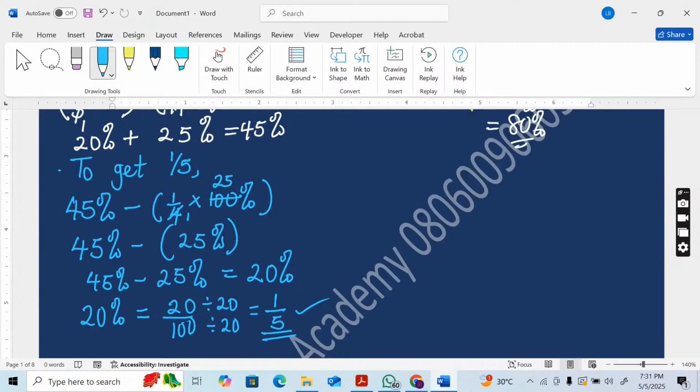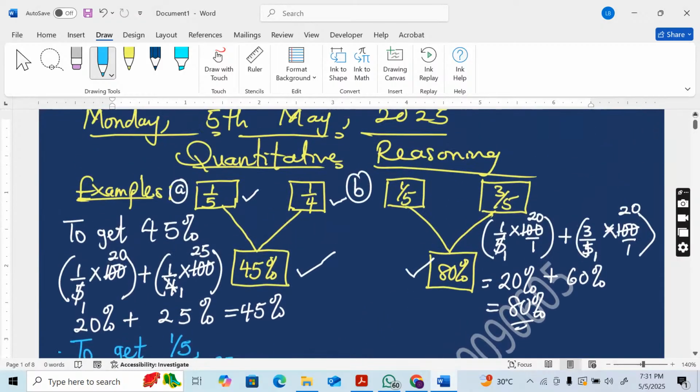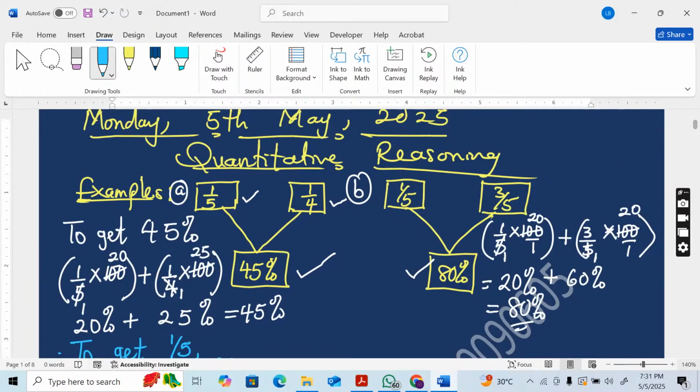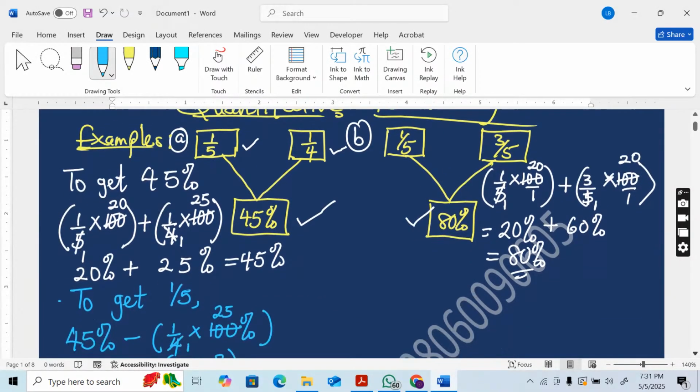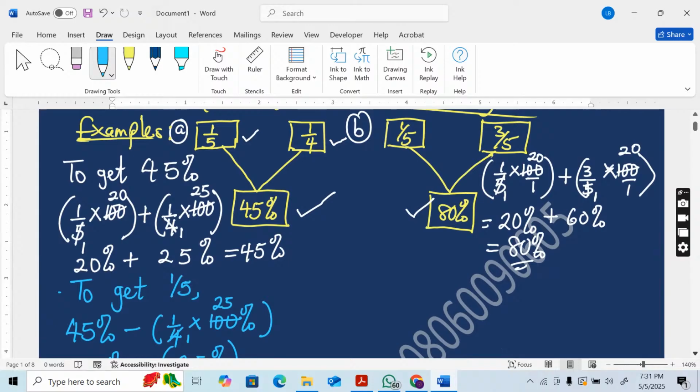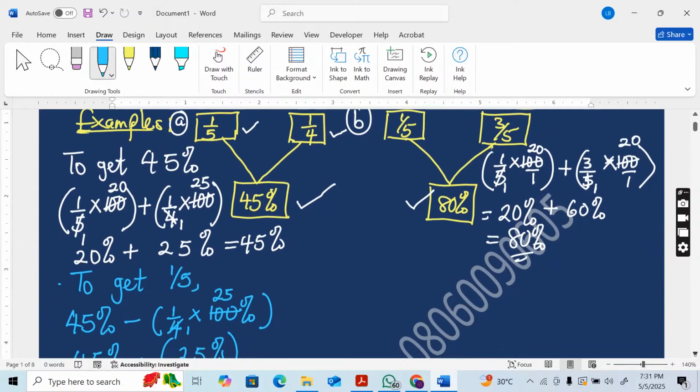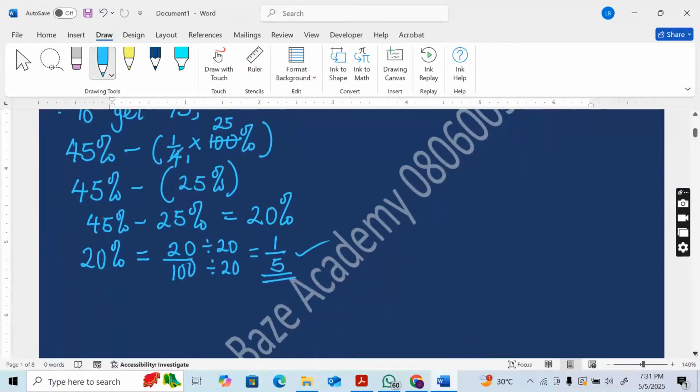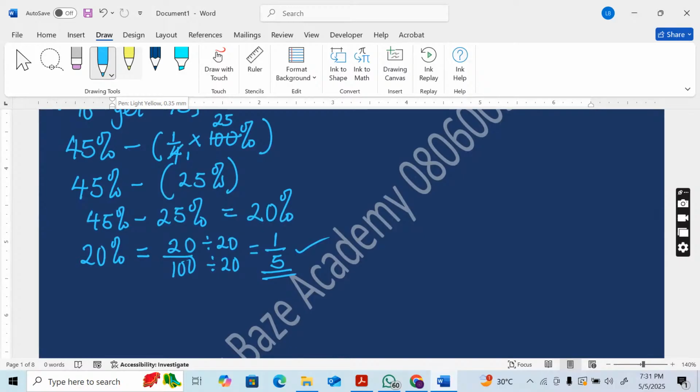Okay, so in the second example, we have been able to get 1 over 5. We need to also get 1 over 4. So to get 1 over 4, we'll subtract the percentage of 1 over 5 from 45%. Everybody should write.